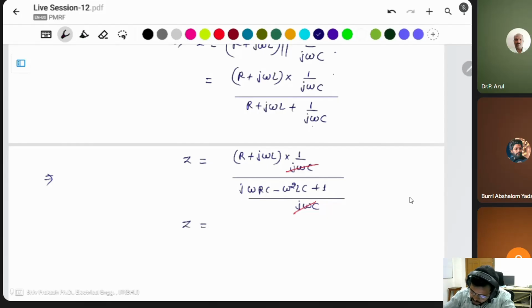Then Z is equal to R plus j omega L divided by 1 minus omega square LC plus j omega RC.